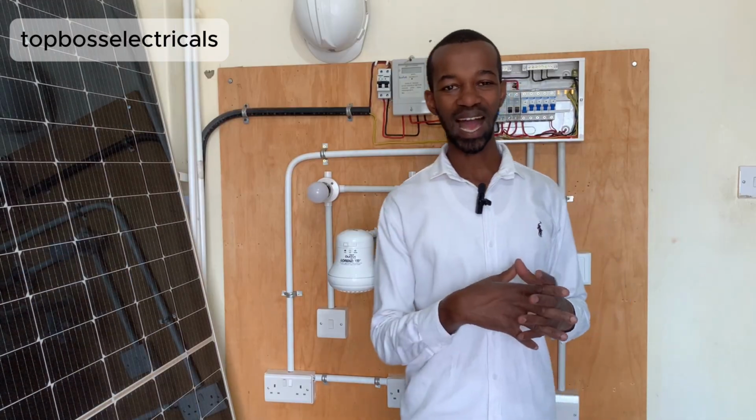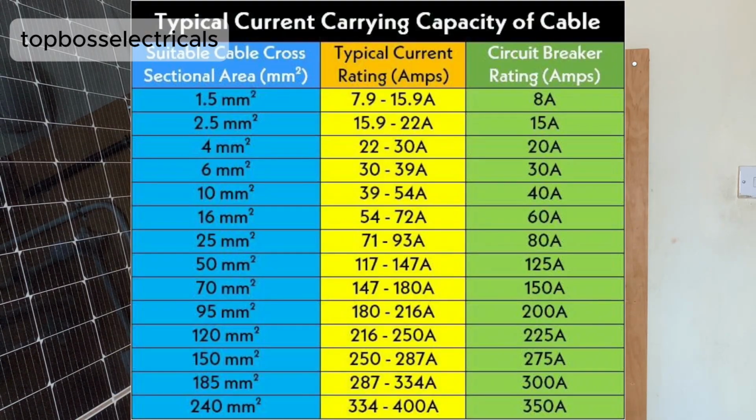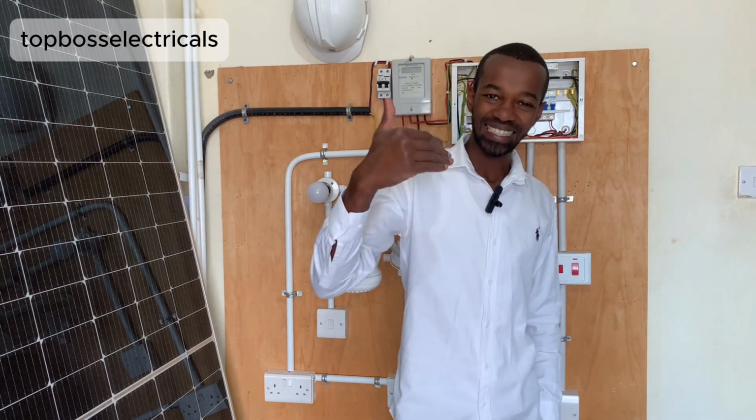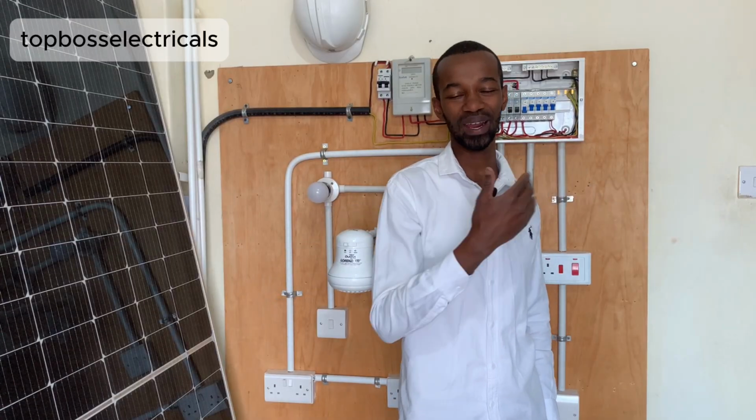Now, my top boss, as a conclusion on this video today, I have a question for you. Do you think the size of the circuit breaker should be the one to determine the size of the cable? Or does the size of the cable determine the size of the circuit breaker? Or does the load connected to that circuit determine the size of the circuit breaker?